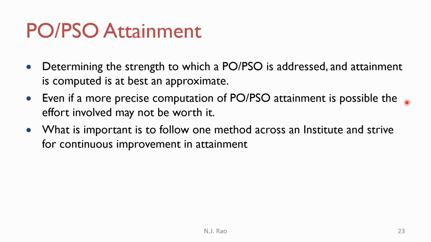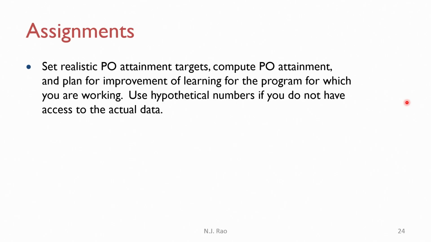But when you make it more precise, more complicated, you should see whether the effort involved in computing across a few hundred courses in an institution is worth it or not. So, what is important is to follow one method across an institute and strive for continuous improvement in attainment.